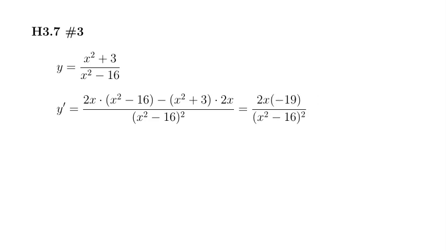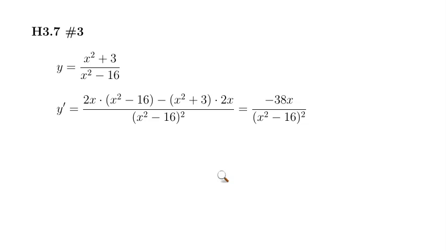Then we have negative 19 times 2, so we can combine that too. That'll be negative 38. I'm going to put the negative 38 in front of x, by combining 2 and negative 19. So this is the first derivative.